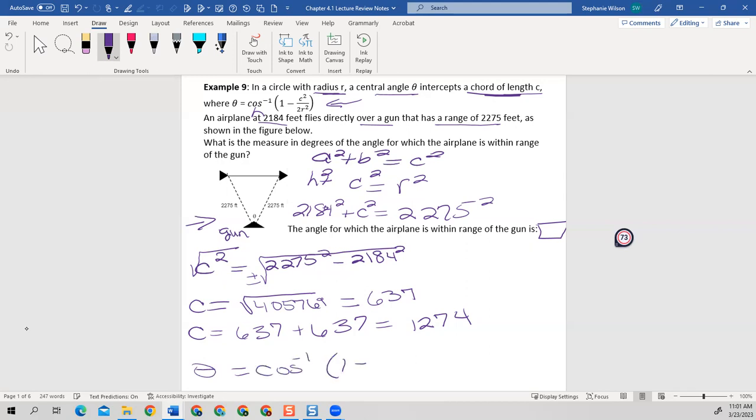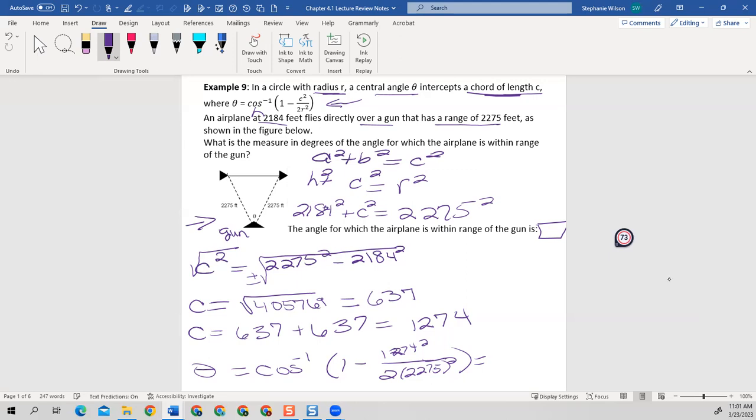So now I have 1 minus, and my c is 1274 squared, divided by 2 times my r, which is 2275 squared. And then let's just crank it out. Round to the nearest tenth. Make sure you're in degrees mode.